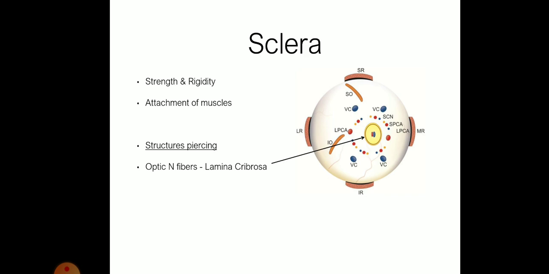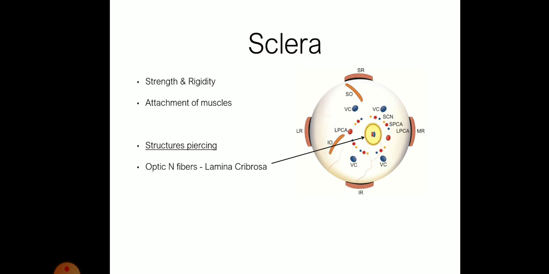Some of these are short and end by supplying the structures within the eyeball. Two of these are very long and reach up anteriorly. Accordingly, these vessels are named short posterior ciliary vessels and long posterior ciliary vessels.